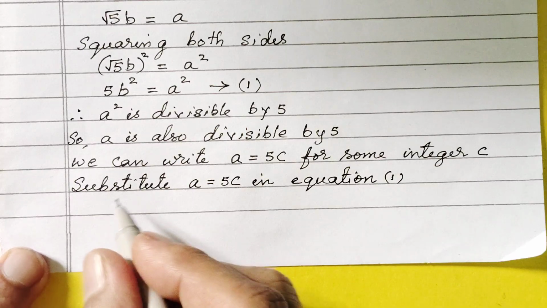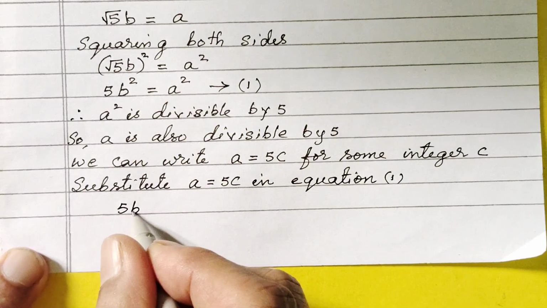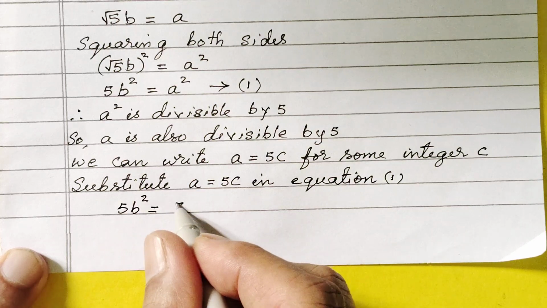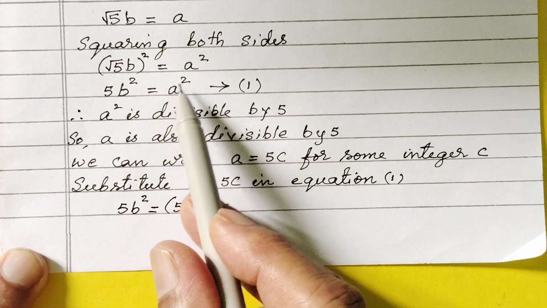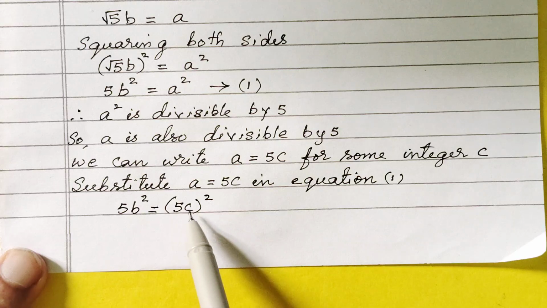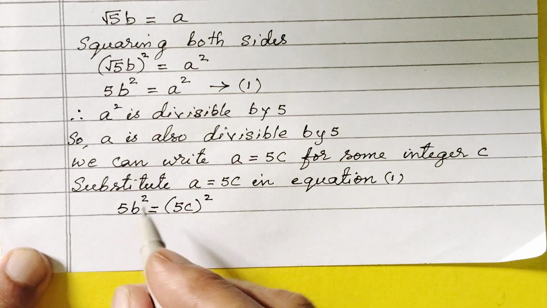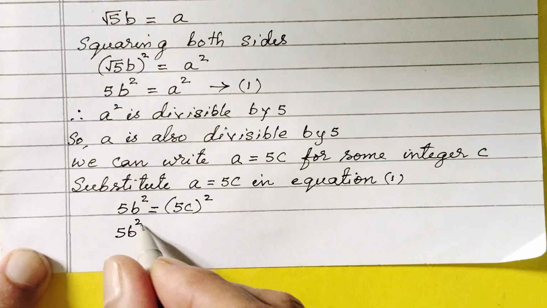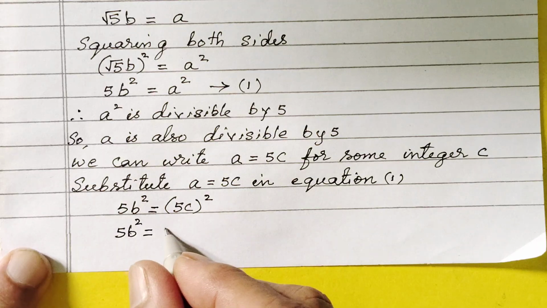So 5 b square will be equal to 5c whole square, because here it is a square, and in the place of a I have written 5c. If you solve it, we will get 5 b square is equal to 5c into 5c is 25c square.